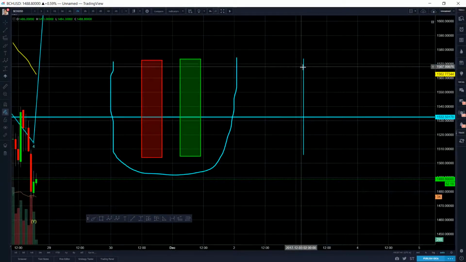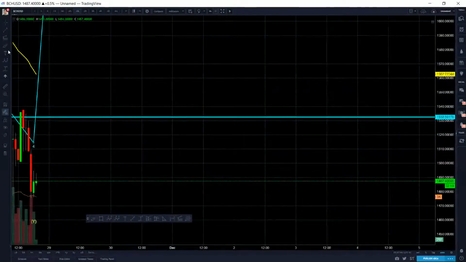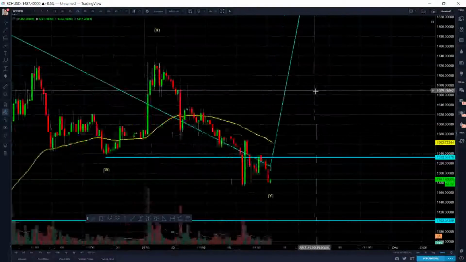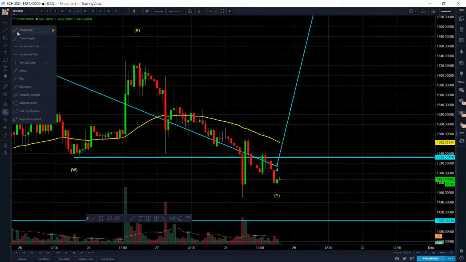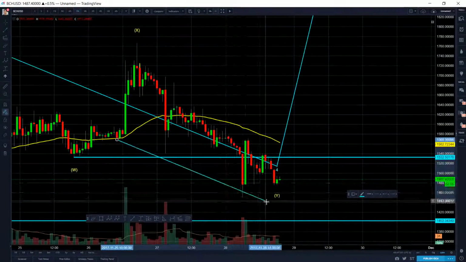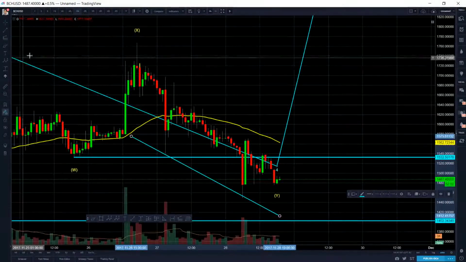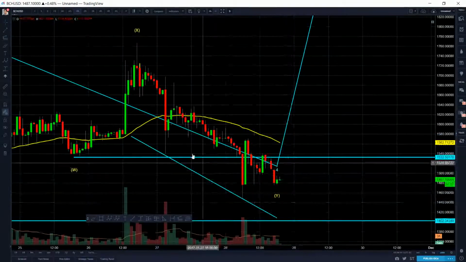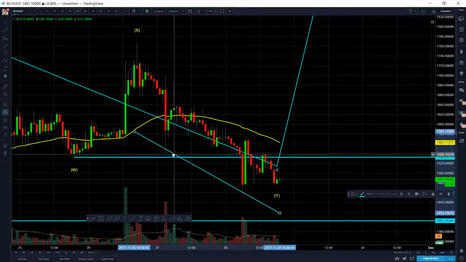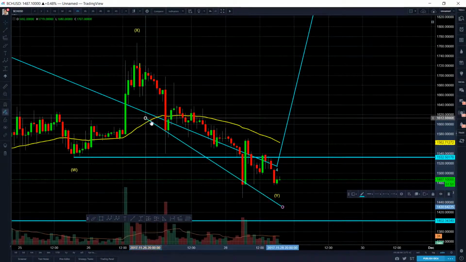Now another lesson is this right here, okay? Now a lot of people might draw their resistances like this, right to the wick. Yes, that's absolutely acceptable to draw your supports and resistances just like that for all-time lows of it breaking. But what a real resistance really is, is where it had a lot of trouble breaking that specific point and it bounced from that area.